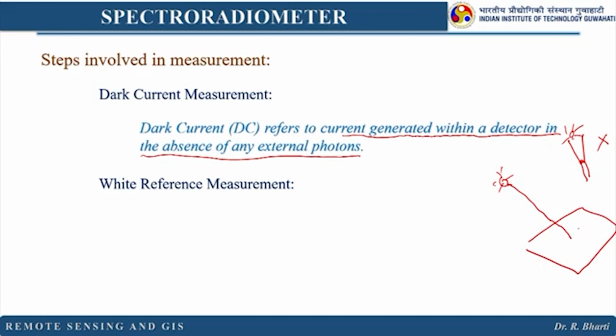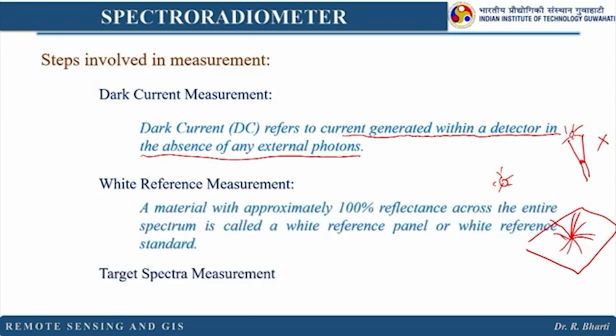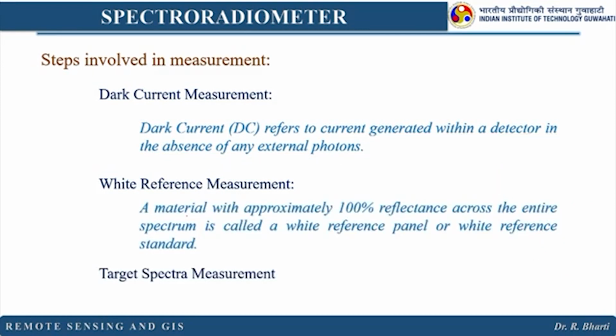It will reflect an equal amount of light in all directions, and that will give you the downwelling radiance. In a white reference measurement, a material with approximately 100% reflectance across the entire spectrum is called a white reference panel or white reference standard. Using this white reference measurement, you can estimate the reflected energy from your target, right.